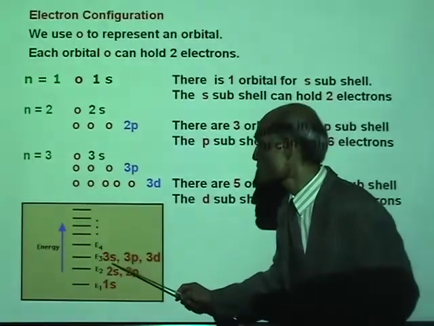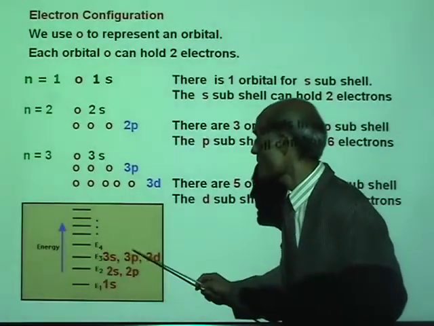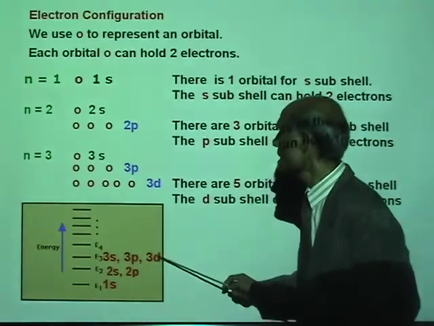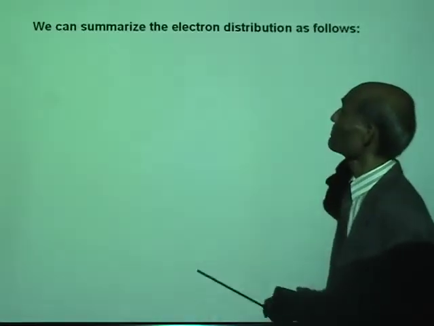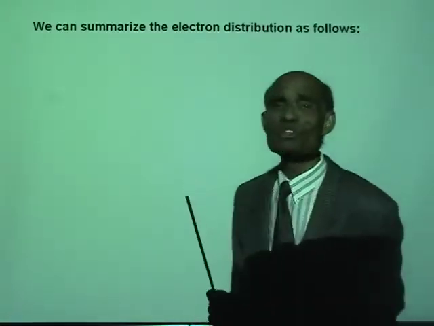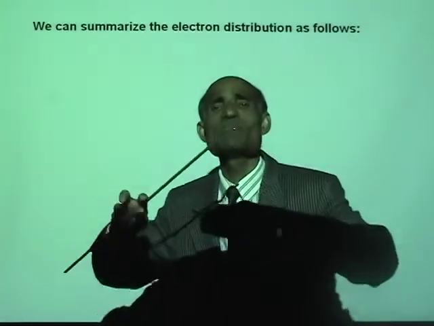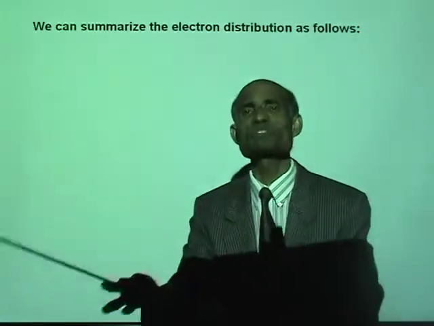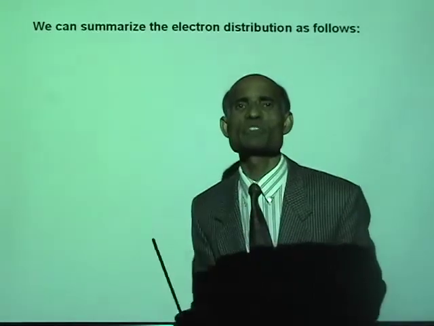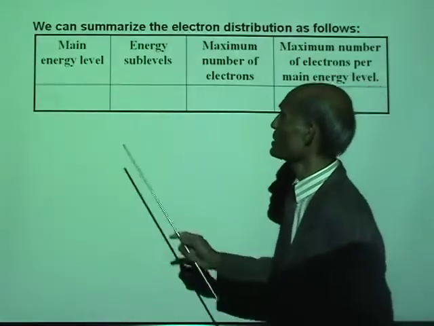The S subshell for n equal to 3, P subshell for n equal to 3, D subshell for n equal to 3. Now we can summarize the electron distribution. We will leave the big picture to chemistry students. For us, we're going to just summarize this in a smaller picture.